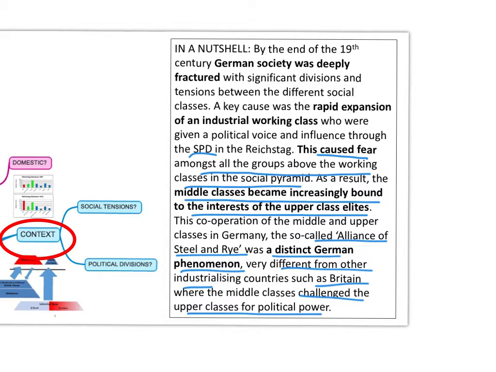In Britain, the working classes grew gradually over many decades, whereas in Germany, because industrialisation happened late and Germany had to rapidly catch up, it was so quick that it led to the sudden appearance of a working class, literally in a few years. Because of that sudden appearance, it created fear amongst the middle and upper classes in Germany, who then rallied together and cooperated in the Alliance of Steel and Rye.